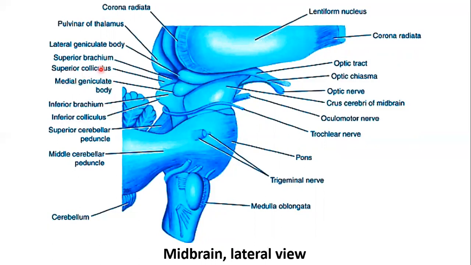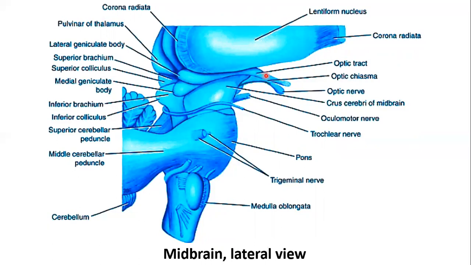Then I move to the superior colliculus. You see this superior colliculus is connected with the superior brachium, and via the superior brachium it is connected to the lateral geniculate body, which is then connected to the optic tract, and there forms the optic radiation.